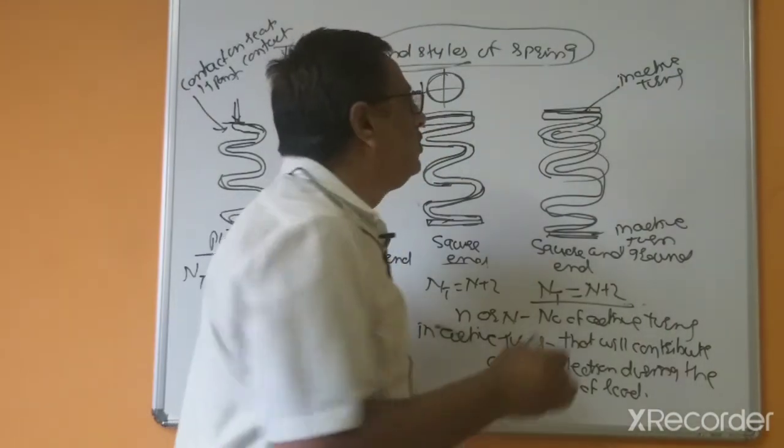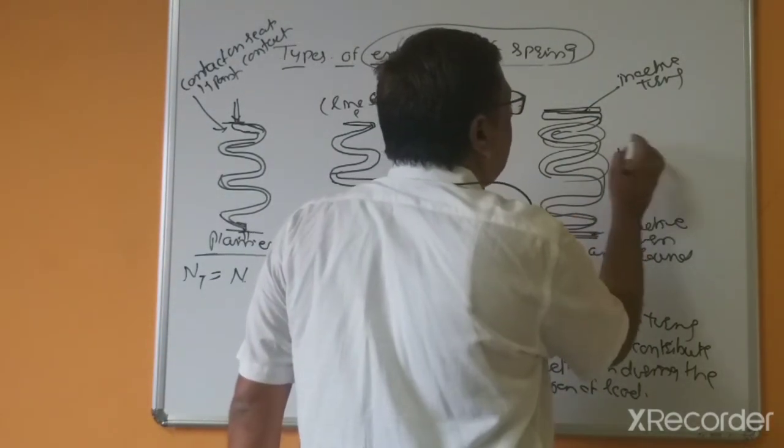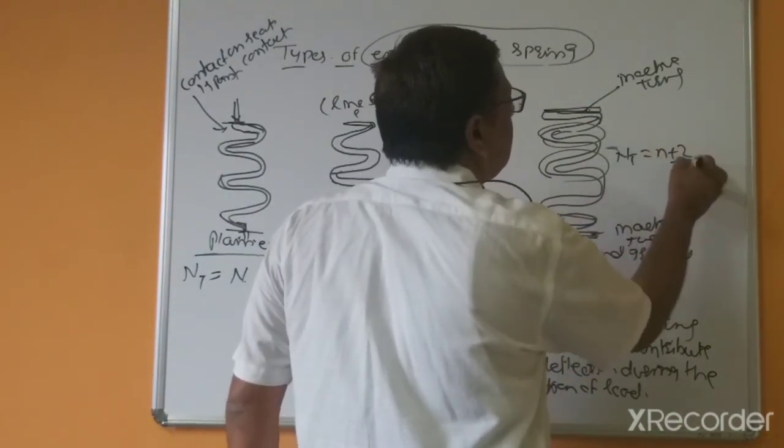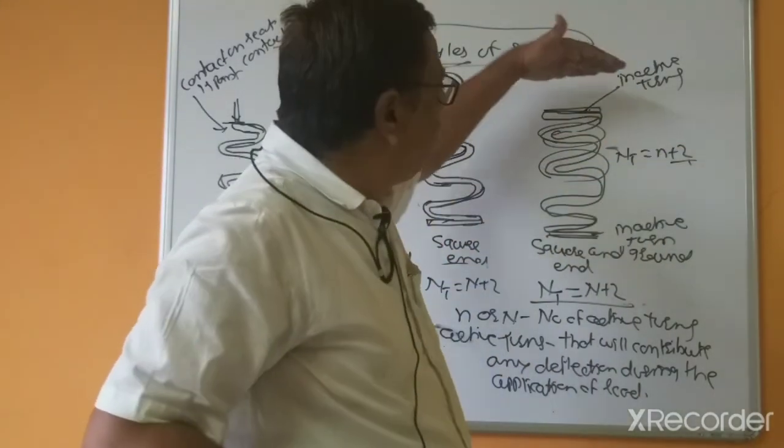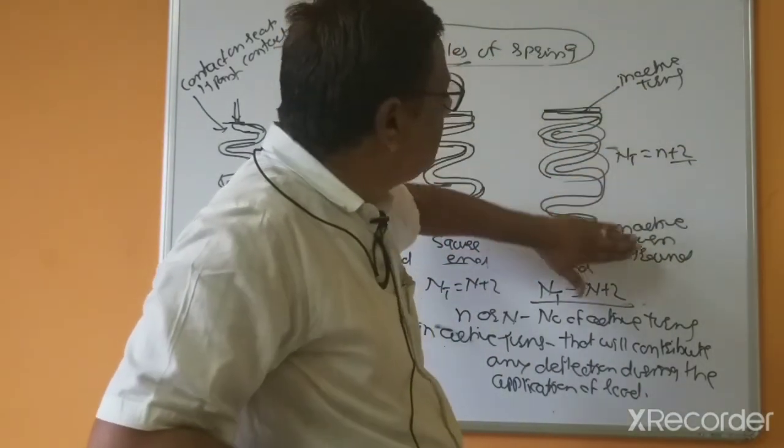So that's why total Nt equals n plus 2, because there is one inactive turn at the top and one at the bottom. Here there are no inactive turns. Here inactive turns are only half, and there are two inactive turns, one upper and one at the bottom.